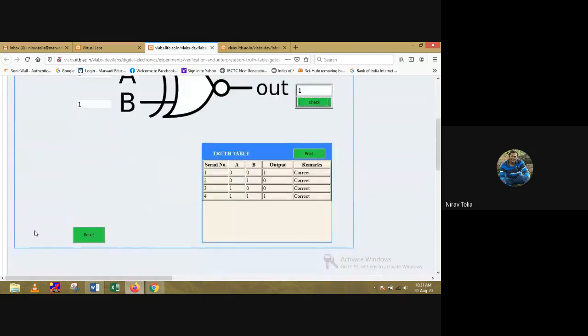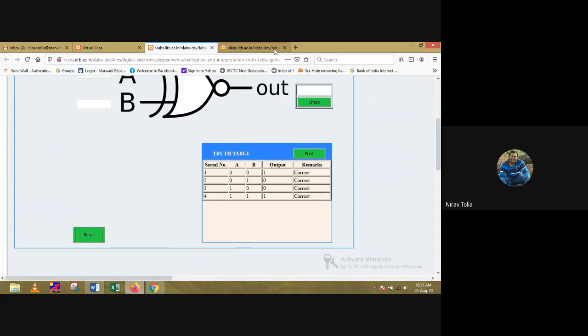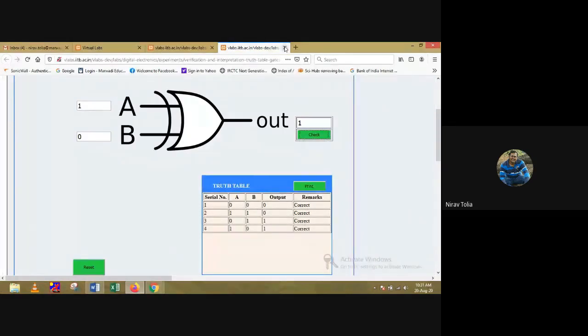So this is the truth table of the exclusive NOR gate. So it is very easy to perform an experiment in a virtual lab.